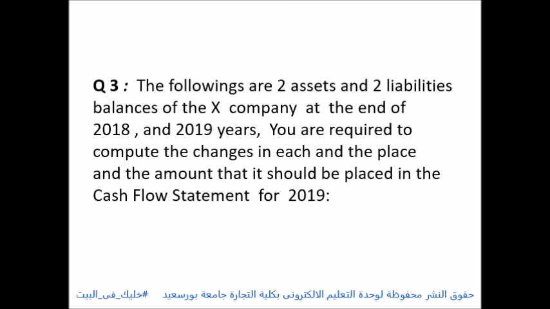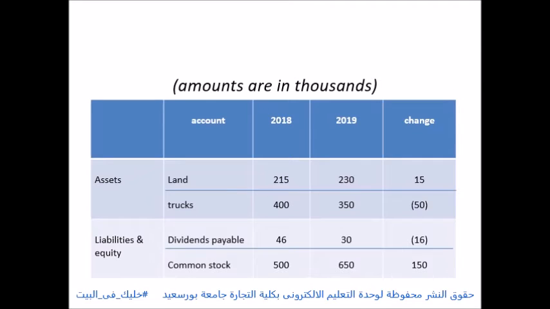This is the preliminary exercise for solving the operating portion of the cash flow, the first part of the cash flow. The following questions are in assets and liabilities and equity. The amounts are displayed: land and the trucks as assets, dividends payable and common stock in liabilities and equity.